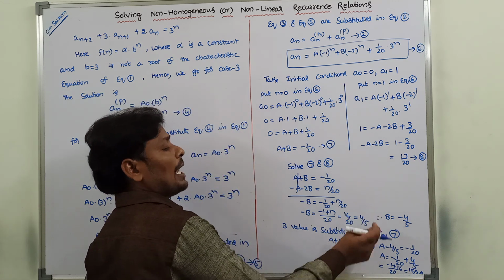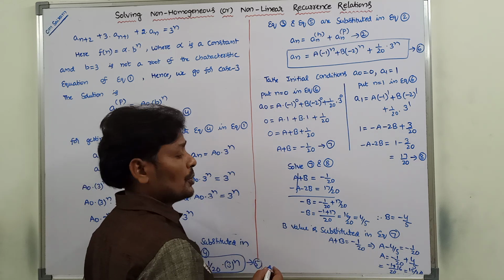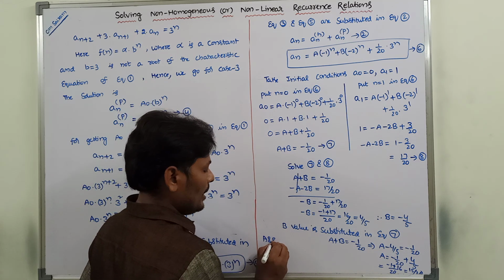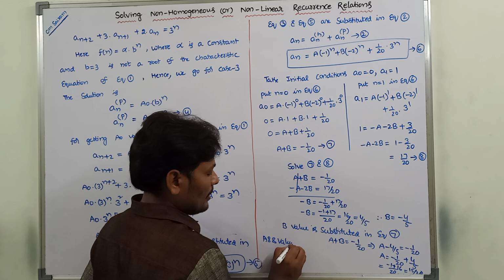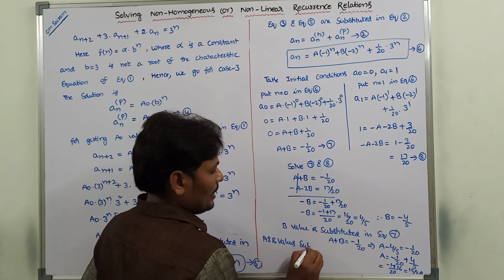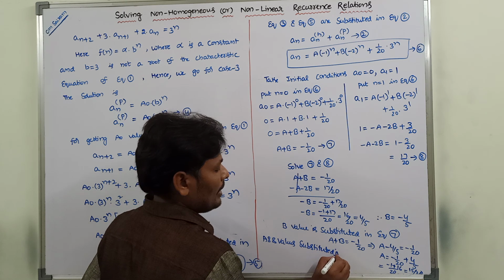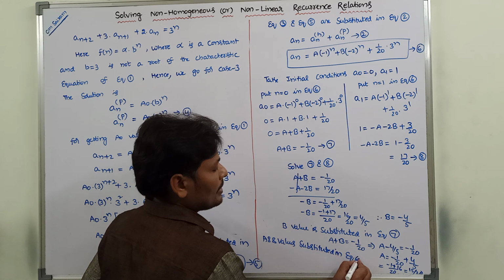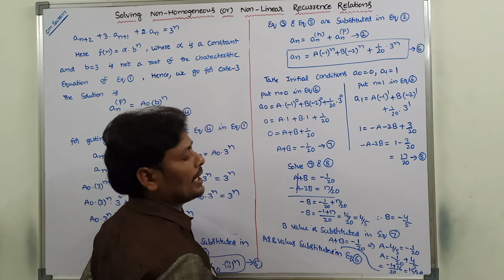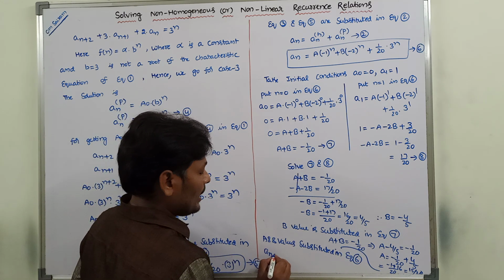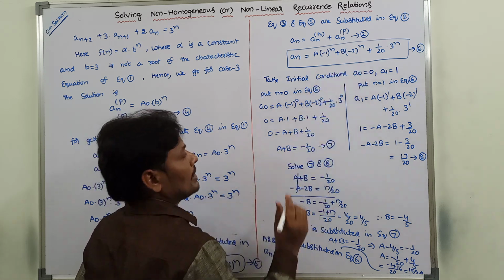Now these two values, a and b, are substituted in equation 6. So what do we get finally? A suffix n, this is equation 6.